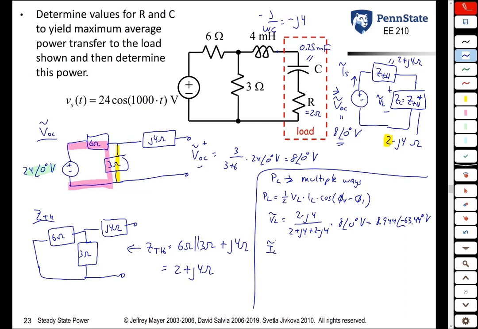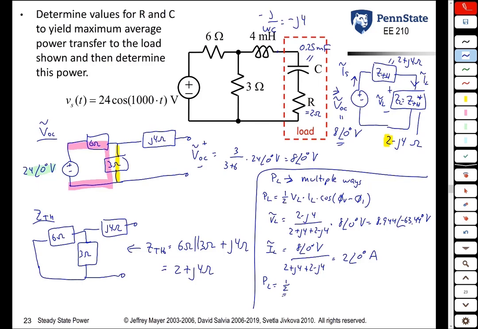What's the current through the load? From Ohm's law, the current through the load is 8 at an angle of 0 volts divided by the total impedance, which is 2 plus j4 plus 2 minus j4, or 2 at an angle of 0 amps. So the power absorbed by the load is 1/2.